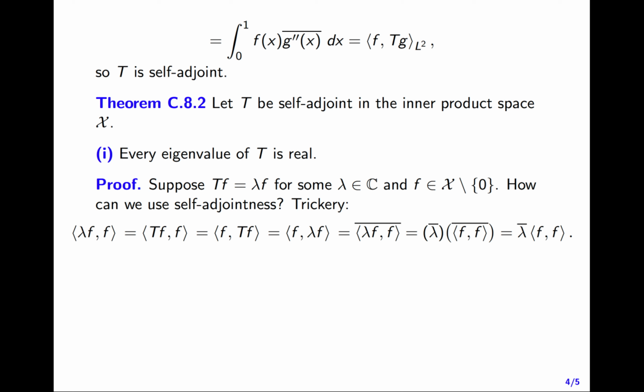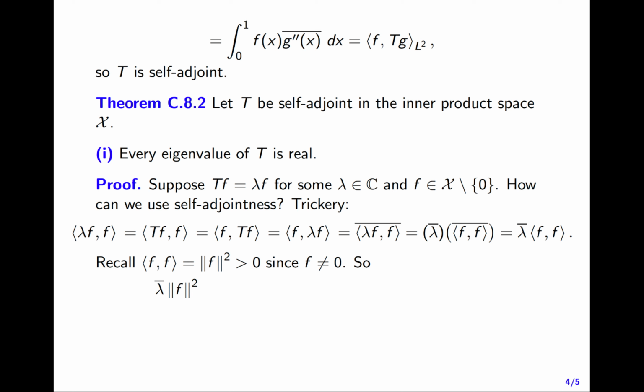Okay, so now I see on the way far left side a lambda, and on the far right side a lambda bar. That's optimistic. Remember, though, that the inner product of F with F is the square of the norm induced by the inner product, and this is always a positive real number because F, we assumed, was not the zero vector. So what do I see?